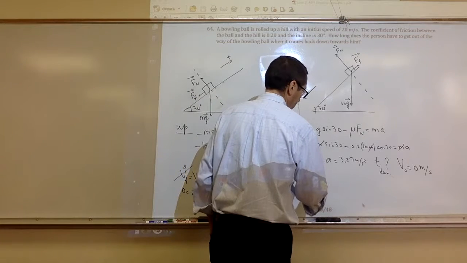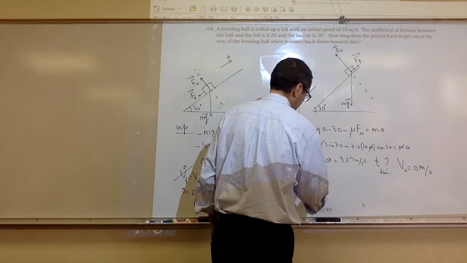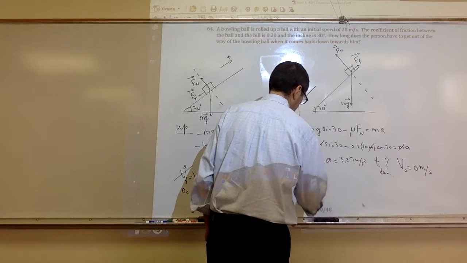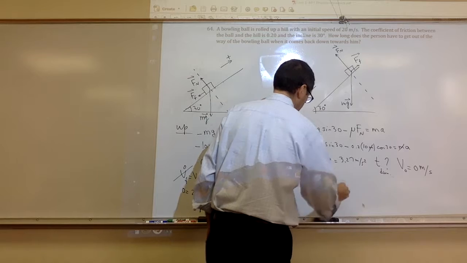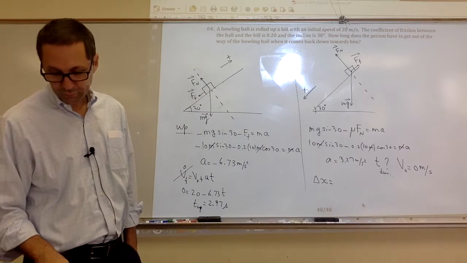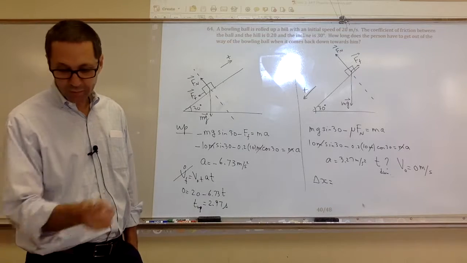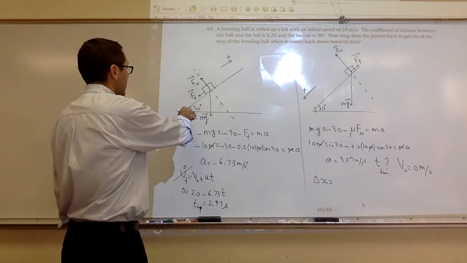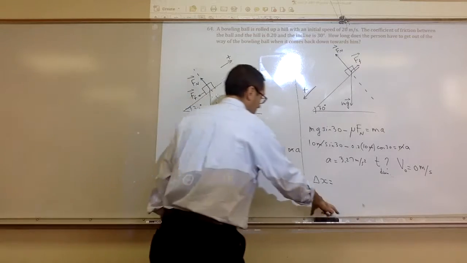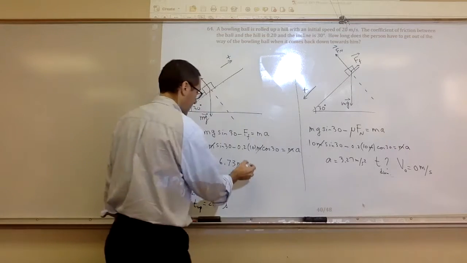So I think we can use delta x equals, and we can get that probably from the previous part here, because it's going to go up the same distance that it's going to come down. So I think we should come here and get the distance.